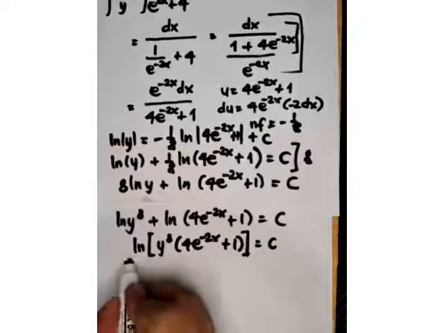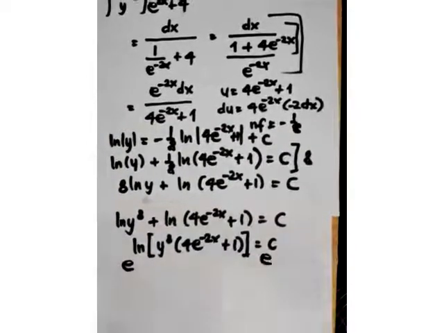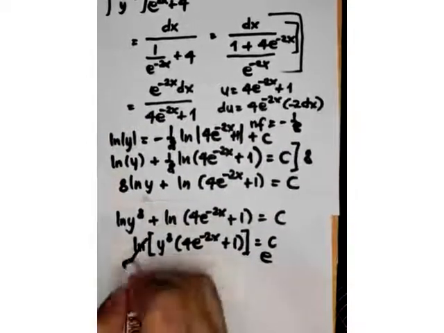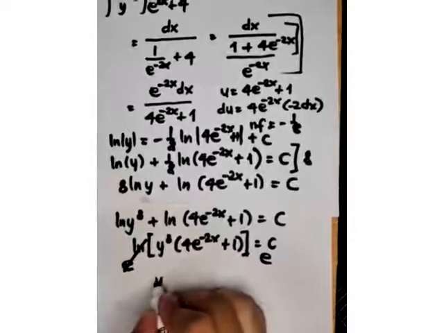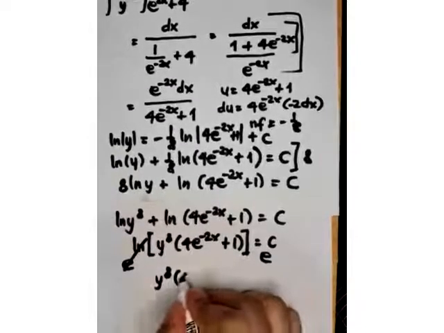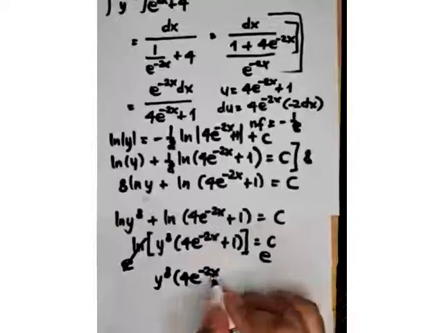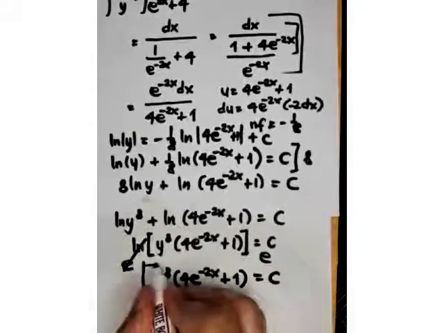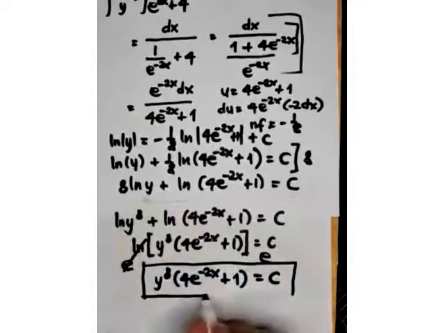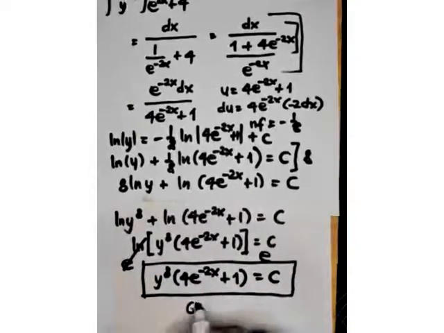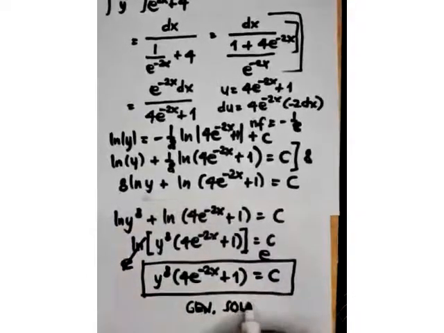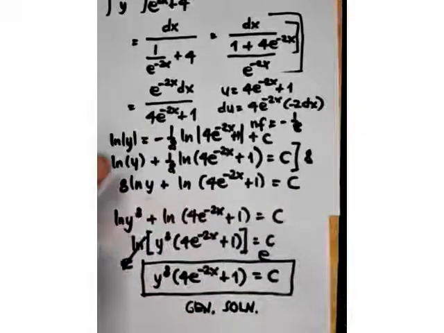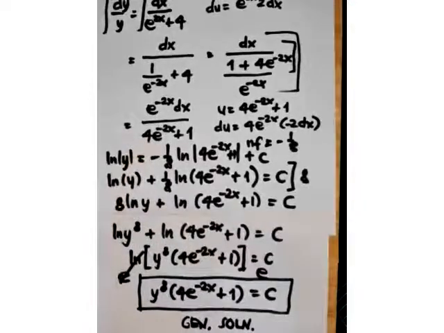Okay, and then we raise the terms with exponential. So cancel. Therefore, this is y raised to 8 times 4e raised to negative 2x plus 1 is equal to c. So this is our general solution.